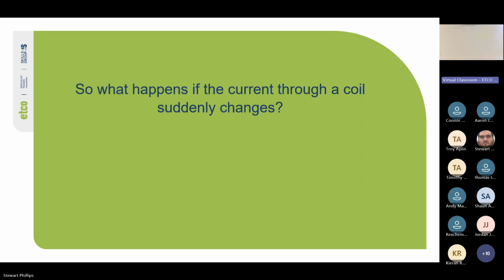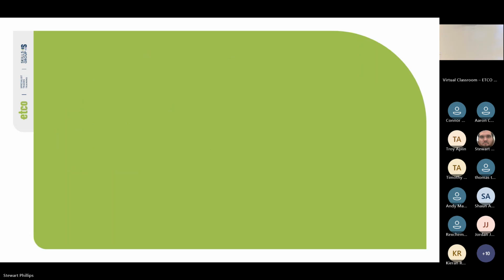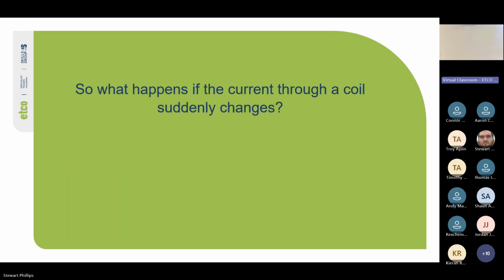Cool. So what would happen if the current through the coil suddenly changes? All of a sudden, the current has gone the other way. What happens?